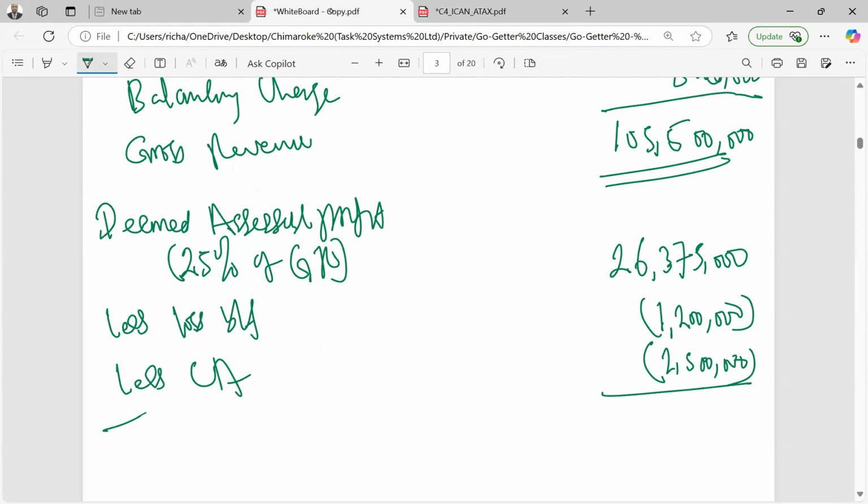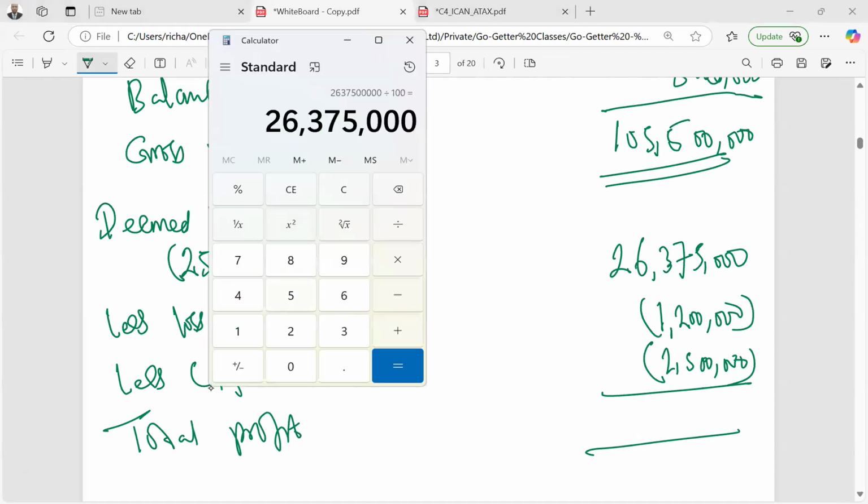So your total profit is going to give you what's the figure here now? This minus 1,200,000 minus 2,500,000.